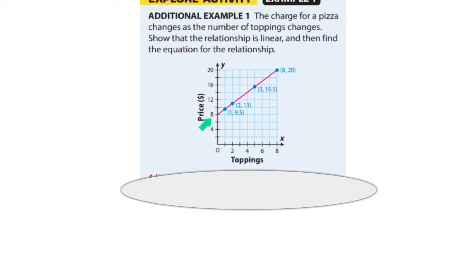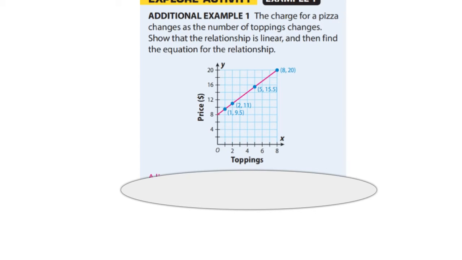I think you're just showing that it would be a line if you connected them, but we had a problem like this before, and we decided that there can only be whole number toppings. There could be 1 topping, 2 toppings, 3 toppings, and so anything in between these points would not be valid.